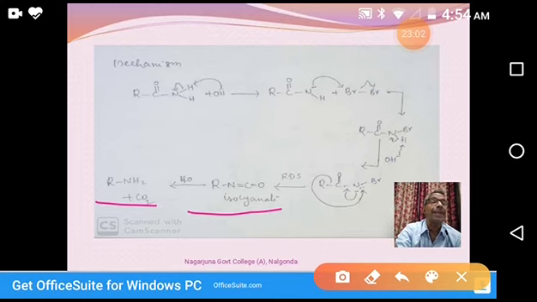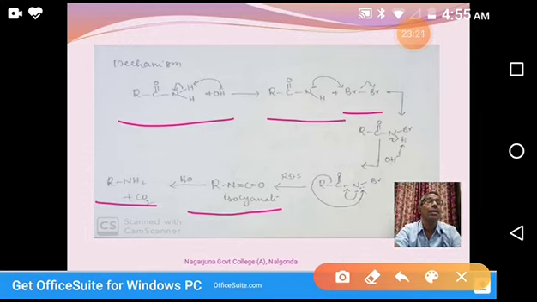I will repeat once again. Amides, on treating with the base, lose one of the hydrogens as a proton, forming this type of anion. This is stabilized by resonance. This resonance stabilized anion, on reaction with bromine, undergoes a nucleophilic substitution reaction.